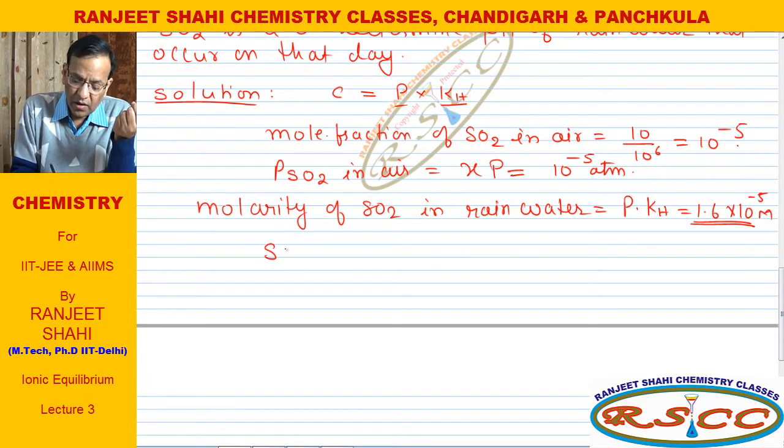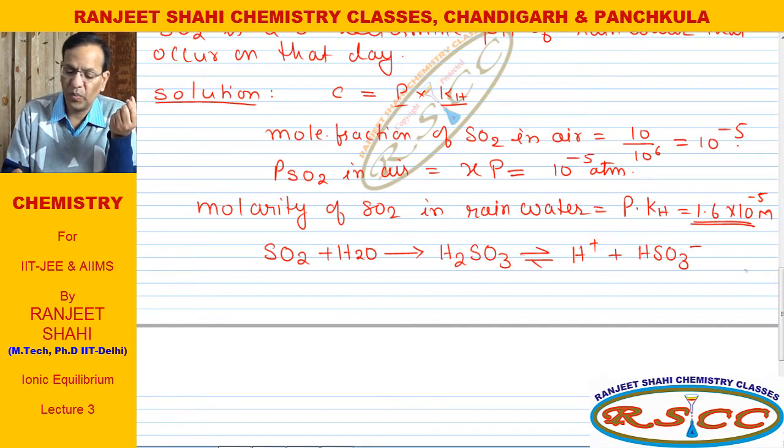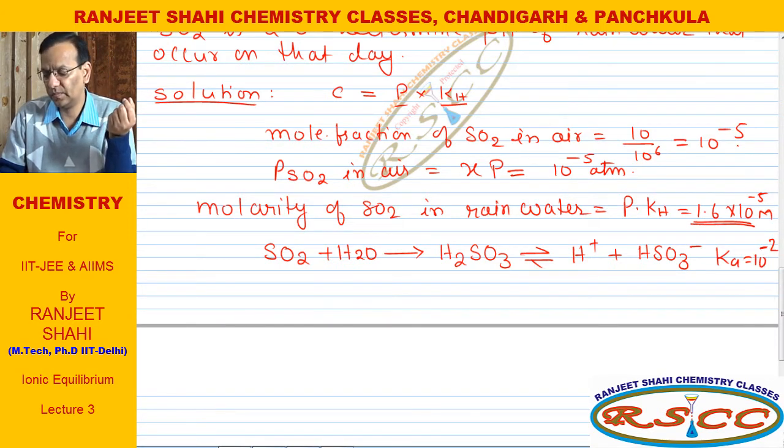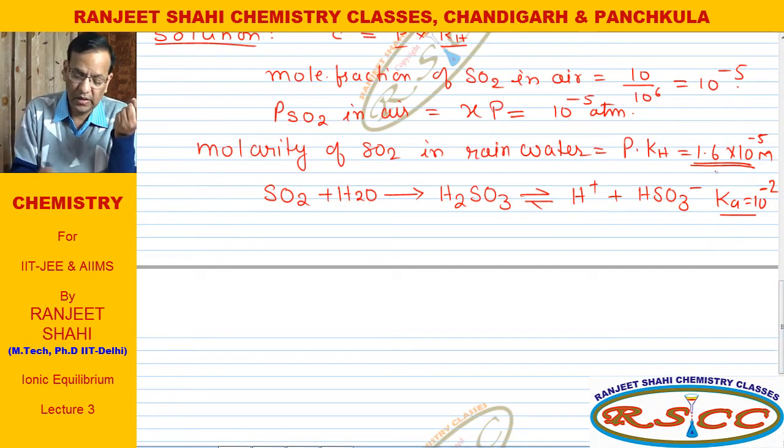Sulfur dioxide dissolves in water to form sulfurous acid H2SO3, which behaves like a weak acid and ionizes like this, for which pKa is given, that means Ka is 10 raised to the power minus 2. So Ka is given, concentration is now known, so alpha can be approximated.